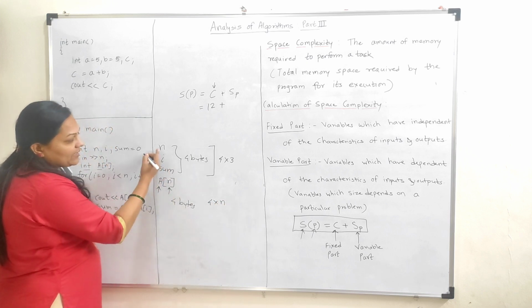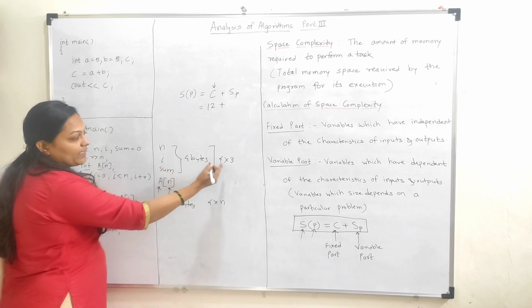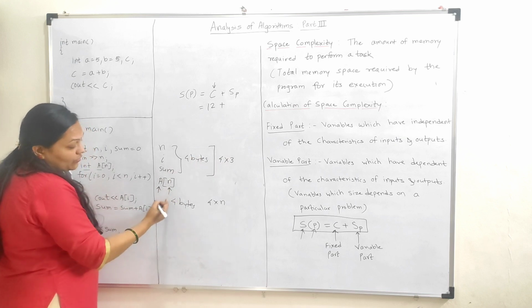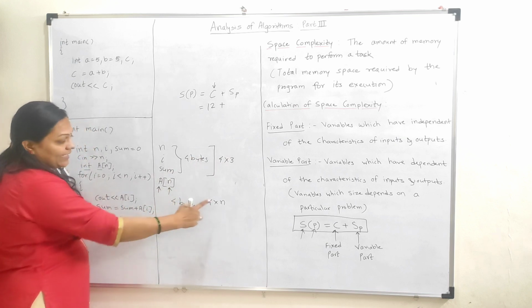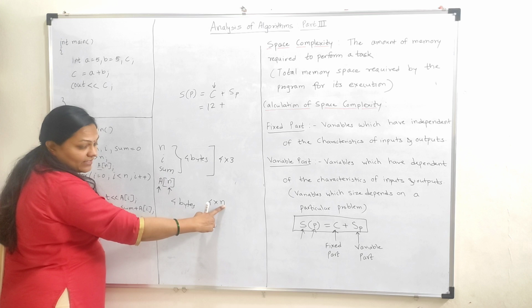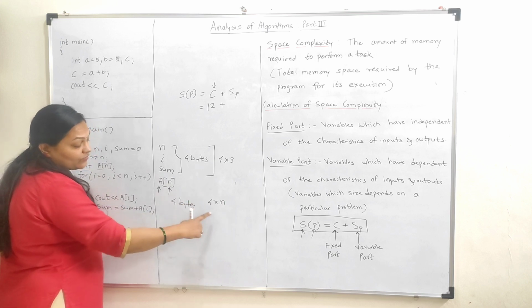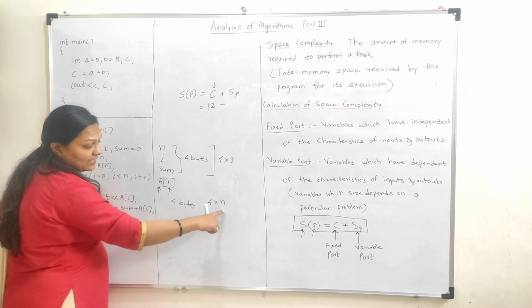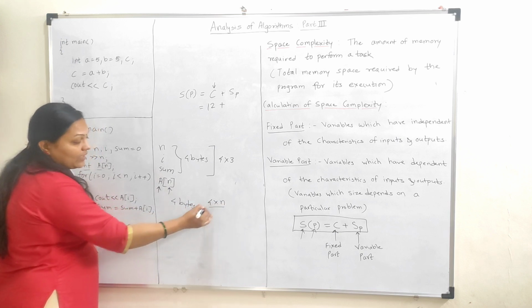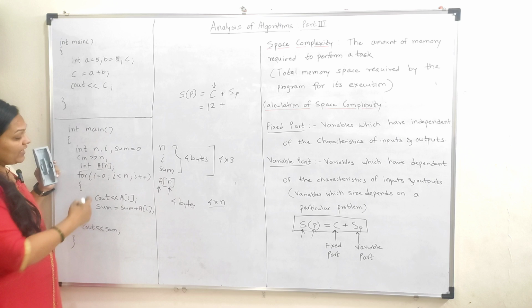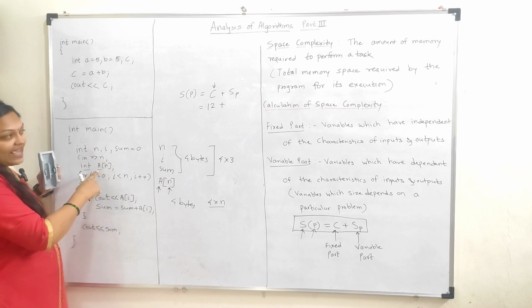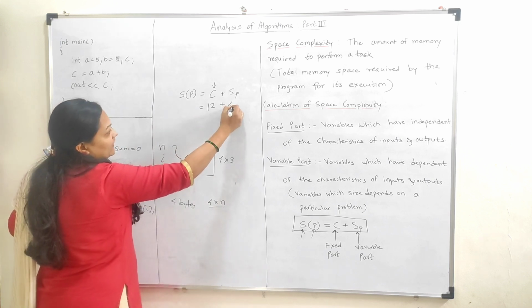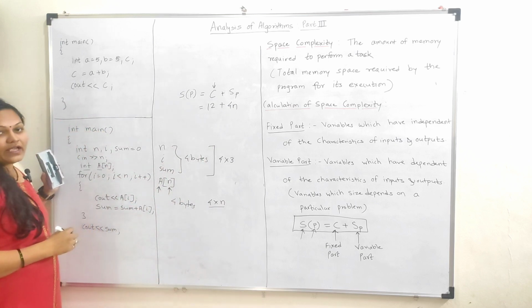Just as we did here with 3 variables, 4 bytes each, so 4 into 3, here 4 bytes for each variable, and how many variables are there? n. So a total of 4n memory space is required to store the elements in an array. So we can consider that here as 4n.